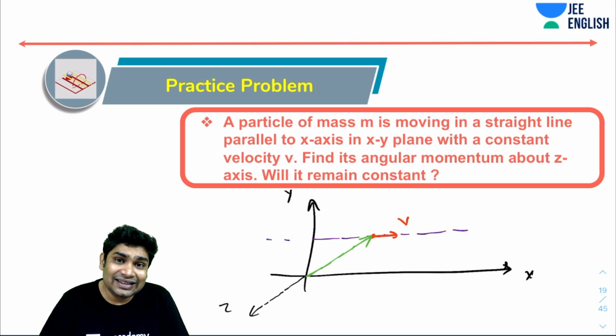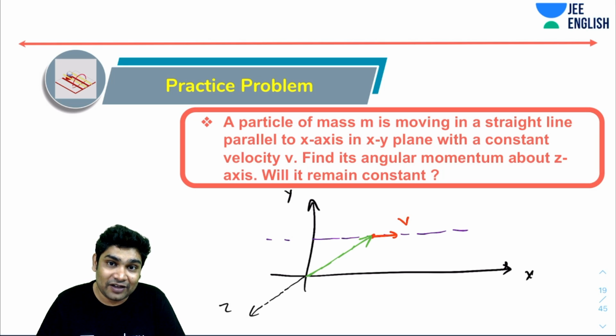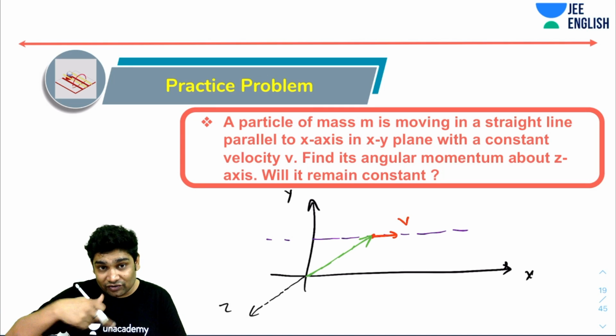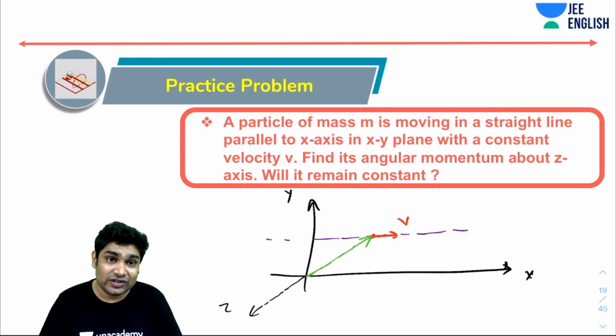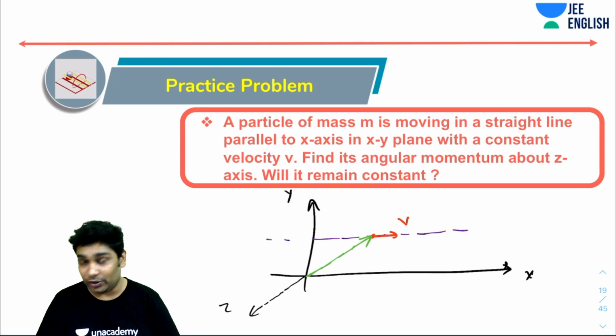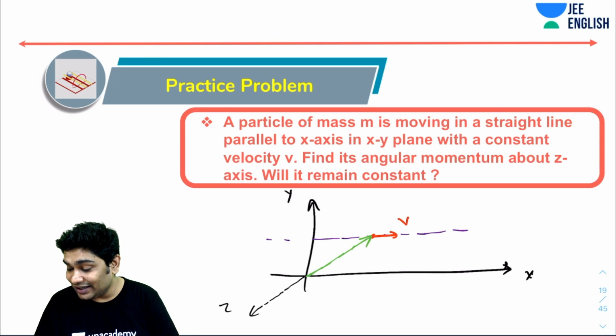If I do that, then r cross v will always point in the direction of z only. If I chose any random arbitrary point from where I was drawing the r vector, then I would have had to take a component from this r. The entire r cross v, you realize, will point in the direction of z axis only, so I don't have to take any component. Okay, so let's say this is the r vector.